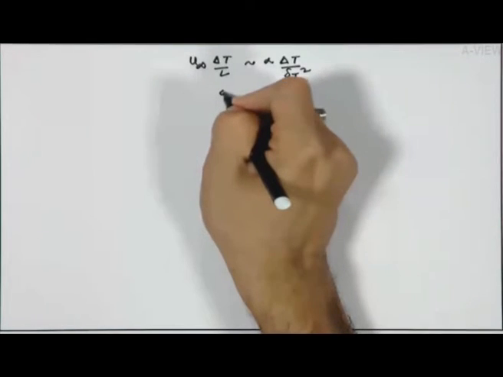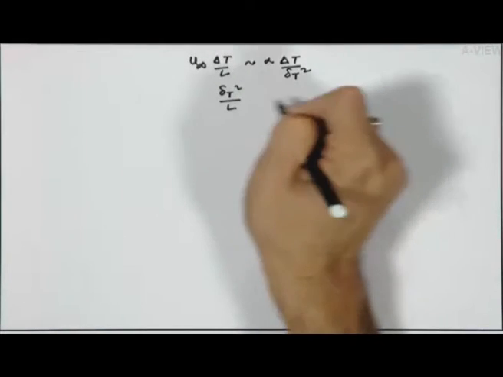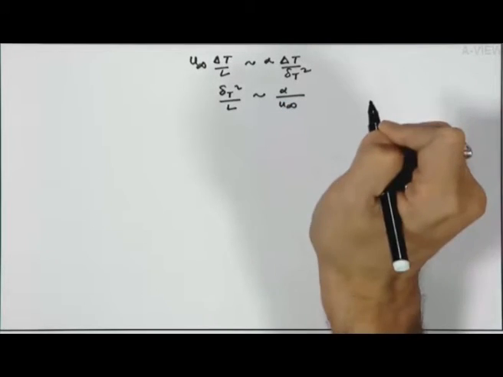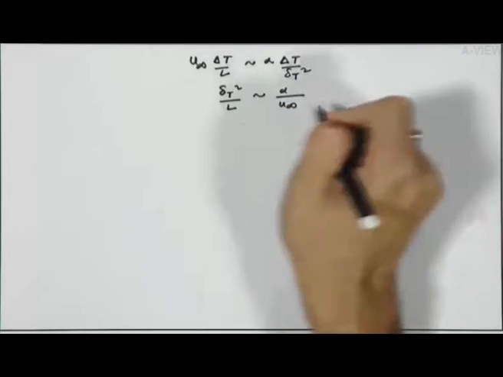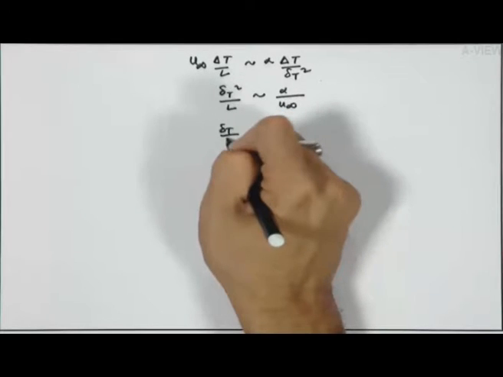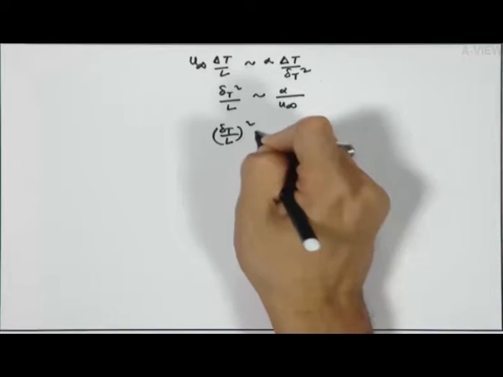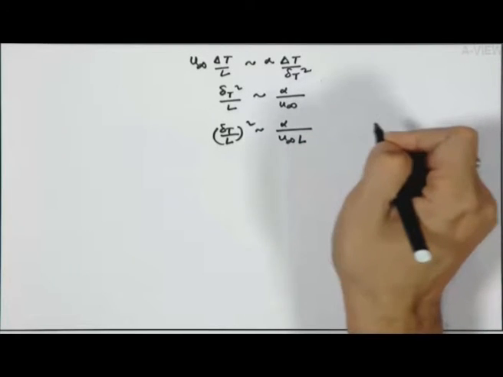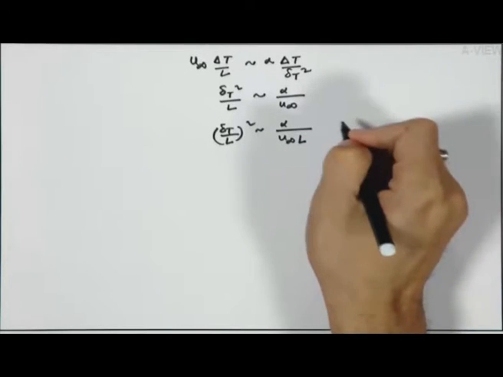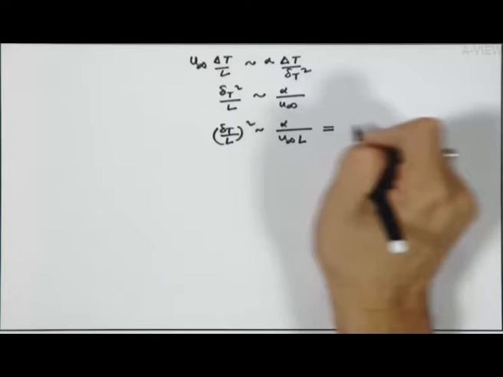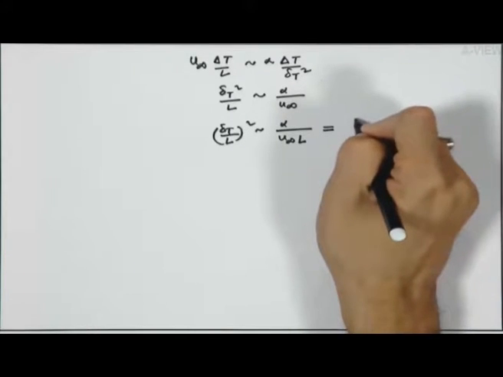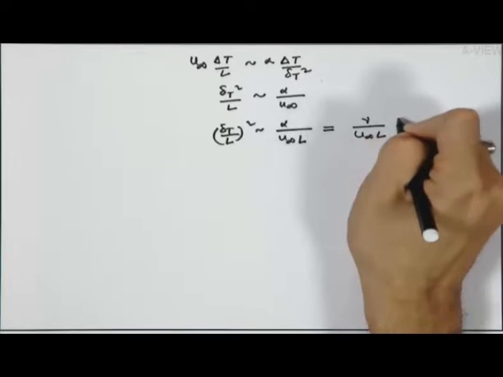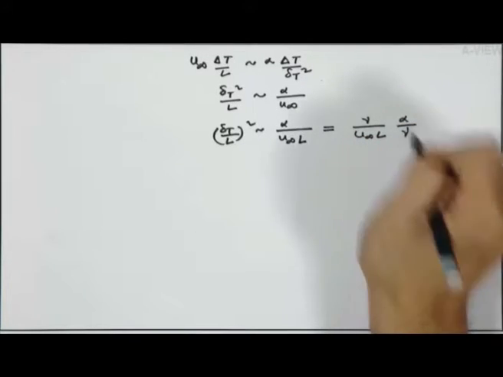So, delta T square by L is of the order of alpha by U infinity. That means delta T by L whole square is of the order of alpha by U infinity L. This you can write as U infinity L by nu into alpha by nu.